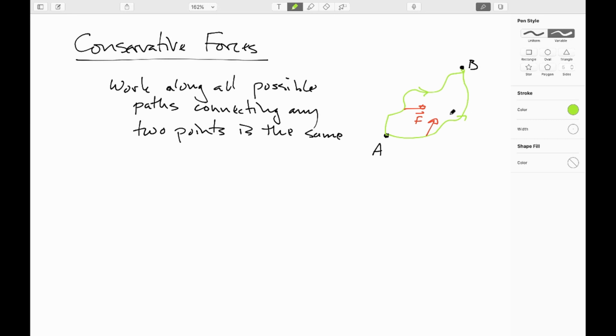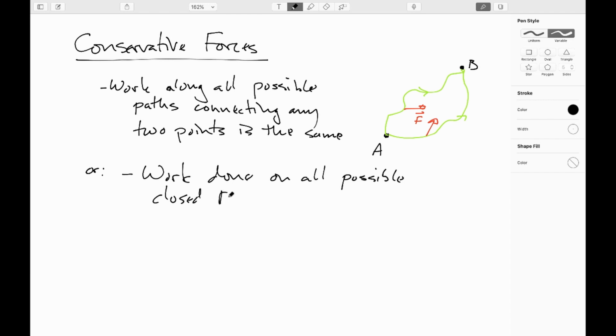This seems like a horrendously daunting task, but there are times where we can show it. There is an equivalent definition. You can prove that these two statements are the same. So I'll just say or: the work done on all possible closed paths, so these are paths that loop back in on each other, is 0.